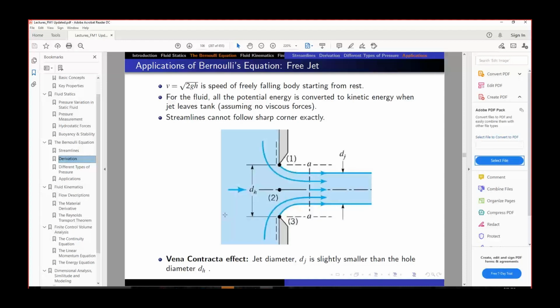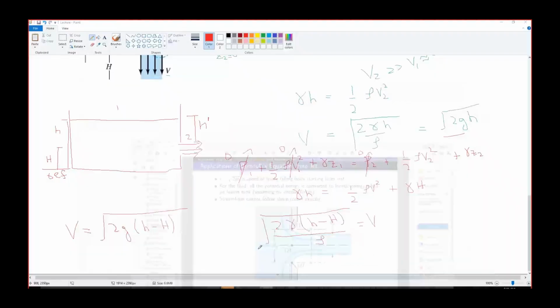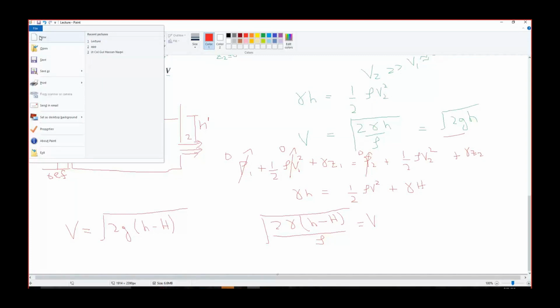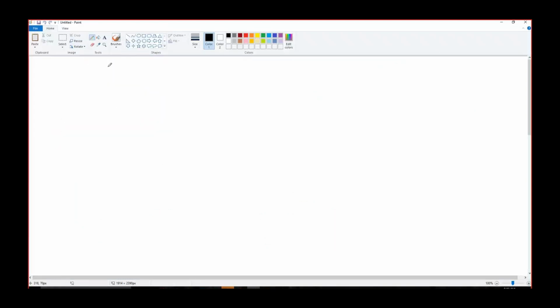Now there is one error in the velocity measured at the free jet, or the free jet velocity. That is what happens usually. If I have a tank like this, and this is the hole in the tank.